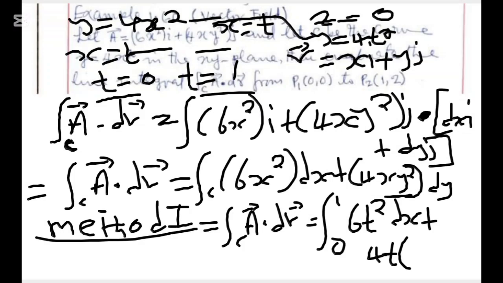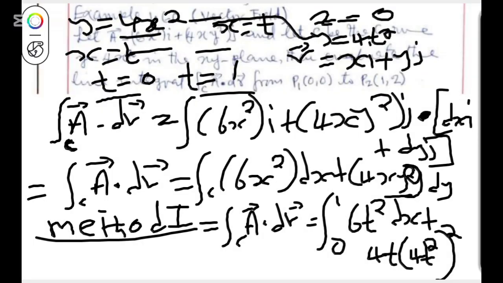So I have to say open bracket 4, this is 4x, so I put t, so this is 4t squared. And don't forget I have my square in this y, so I have to say whole square. So I hope you get it.